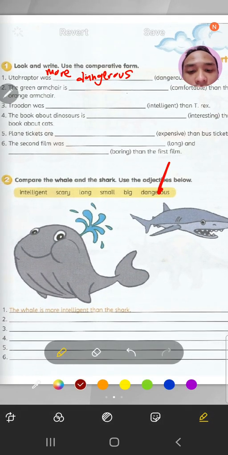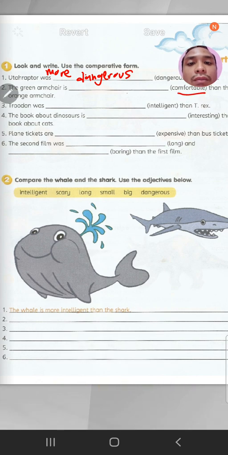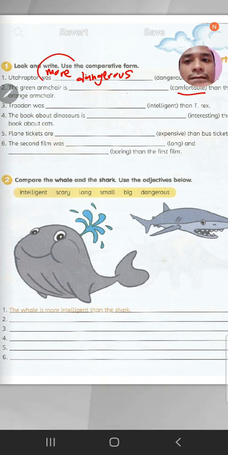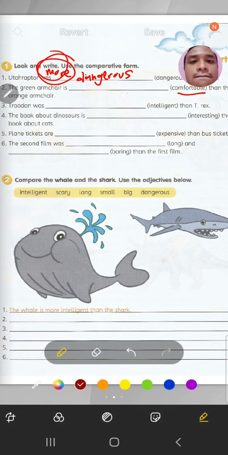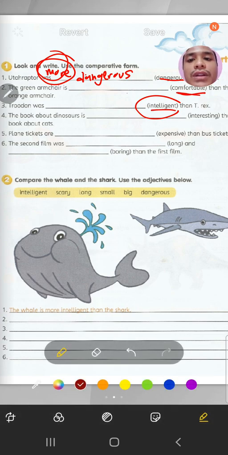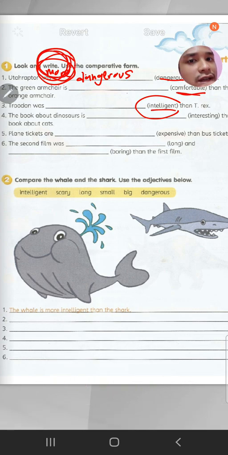comfortable. Comfortable. Panjang juga. Kalau panjang, macam mana nak buat? Boleh buat. Number 3, intelligent. Panjang tak? Panjang kan? Ayat tu nampak. Dangerous panjang, comfortable panjang, intelligent panjang. Again, macam mana nak buat?